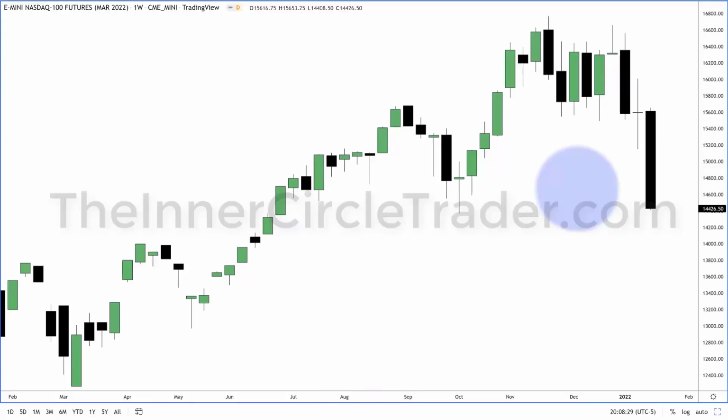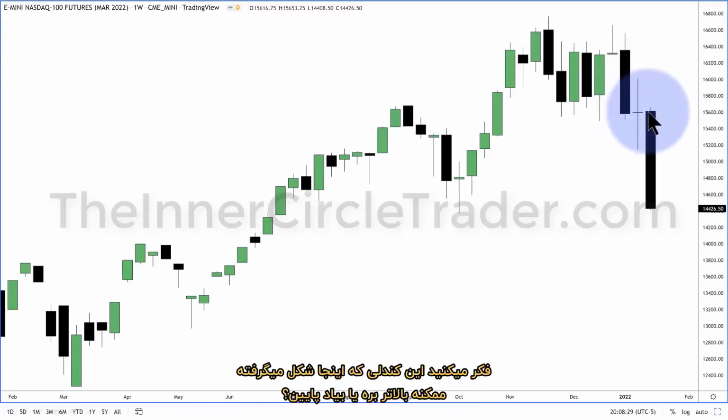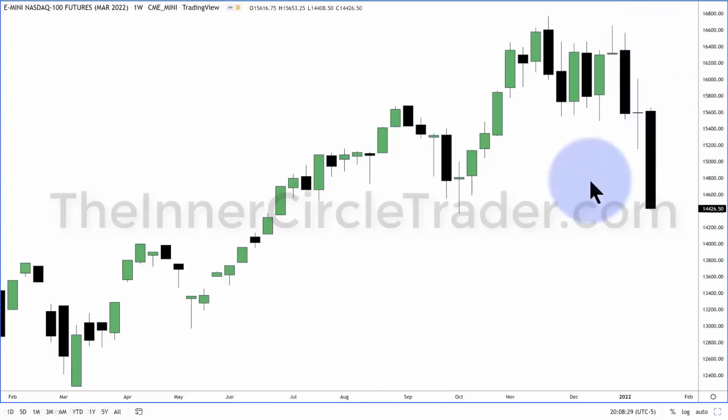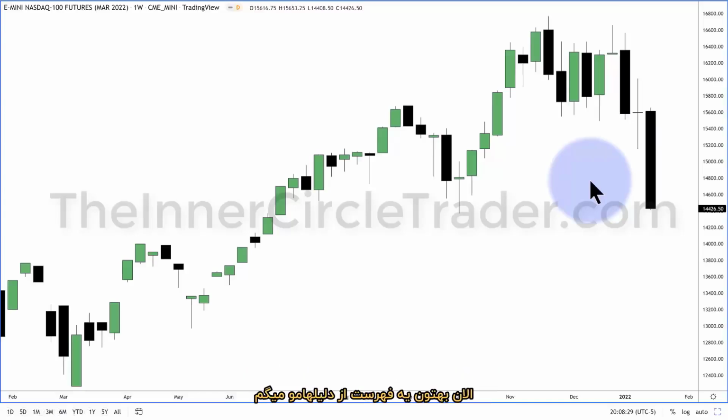That's important, okay? You just want to see, before this weekly candle opened up, all we had was this indecisive candle, okay? Do you think that this candle that would have formed and opened here is more likely to go higher or lower? Obviously, with the benefit of hindsight here, but I can tell you, all of my students know we've been looking for lower prices, and I'll give you a quick short list of the reasons why.